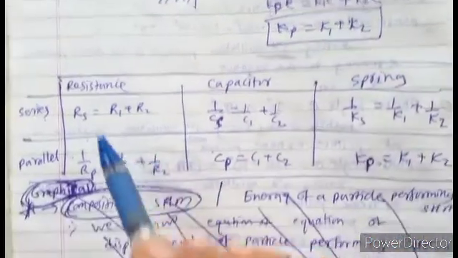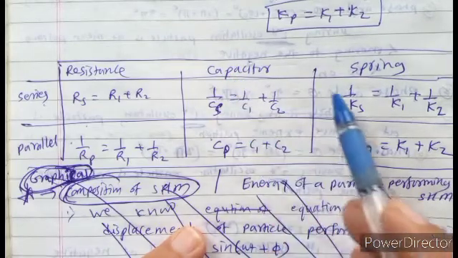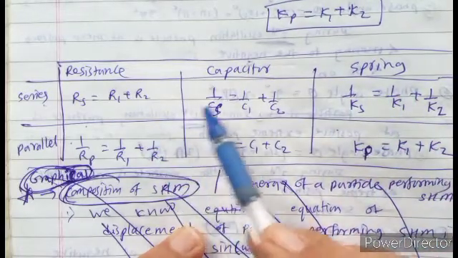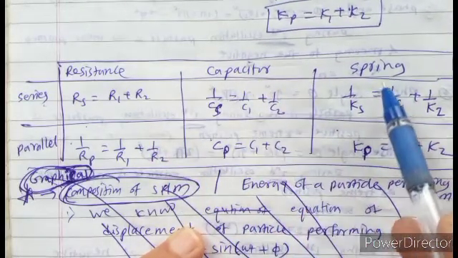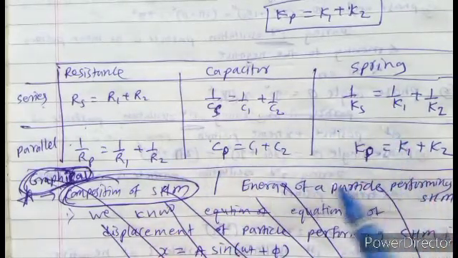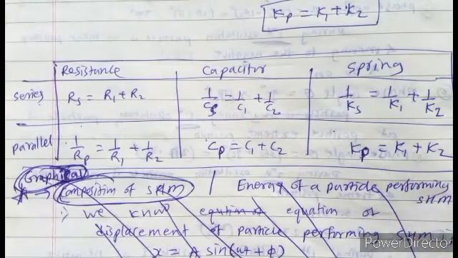We have seen the parallel combination of resistance, parallel combination of capacitor and now the parallel combination of spring. Also the series combination of resistance, series combination of capacitor and series combination of spring. So these are the important formulae, series and parallel combination for resistance, capacitor and spring.